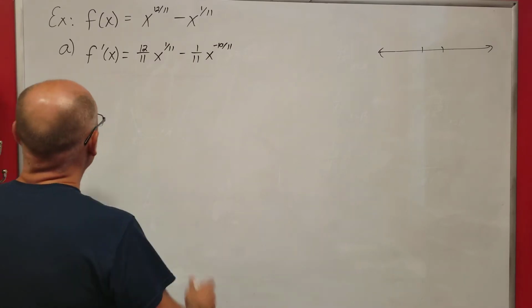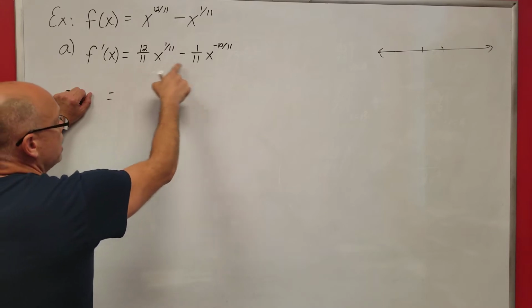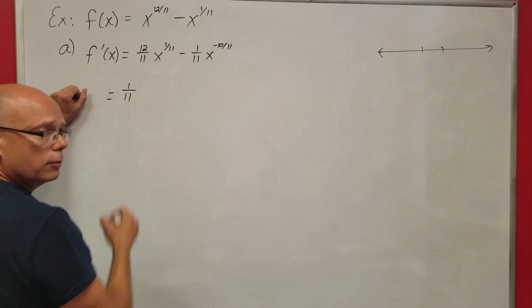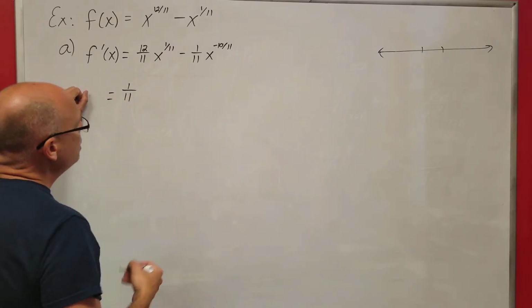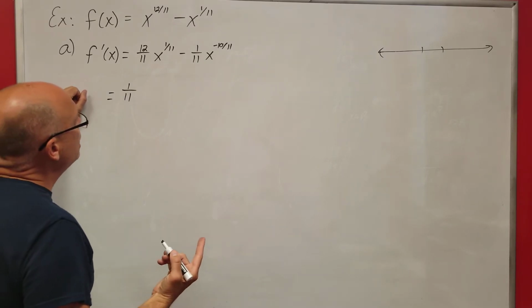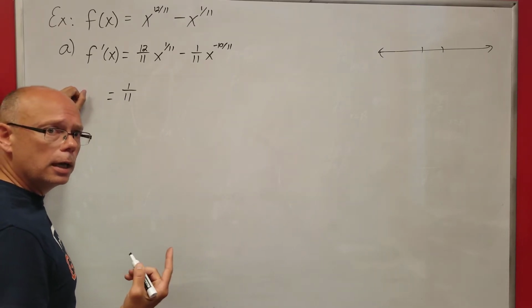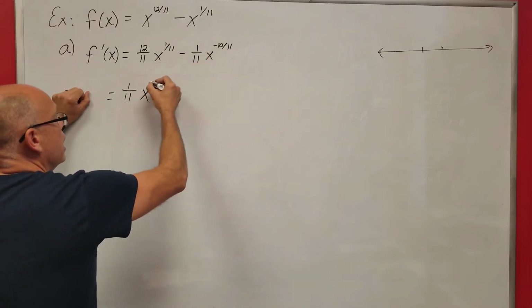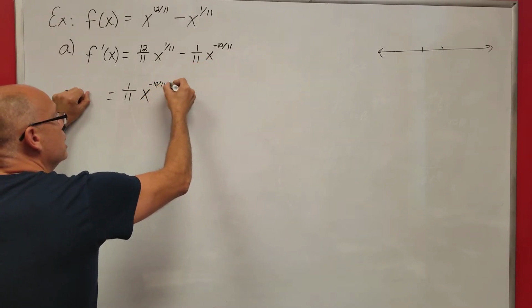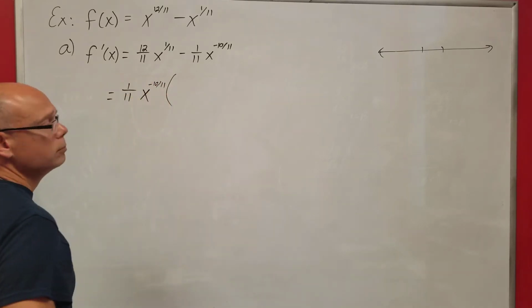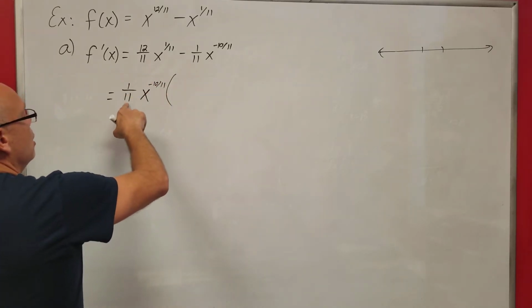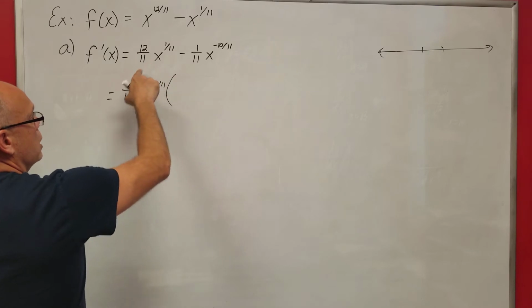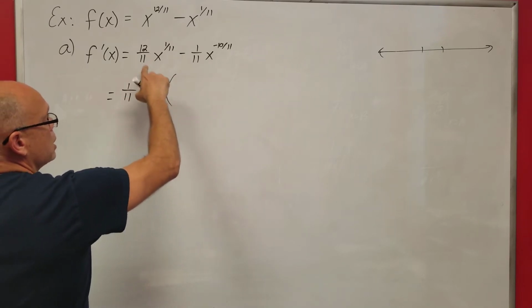Now I like to factor next. I can take at least 1/11th out of the coefficient of each of those. There are different ways to factor this. I like to take the smaller x part out, the one with the smaller exponent. So I'm going to factor out x to the negative 10/11 out of both. What do I get for my first term? 1/11 times what gives me 12/11ths?